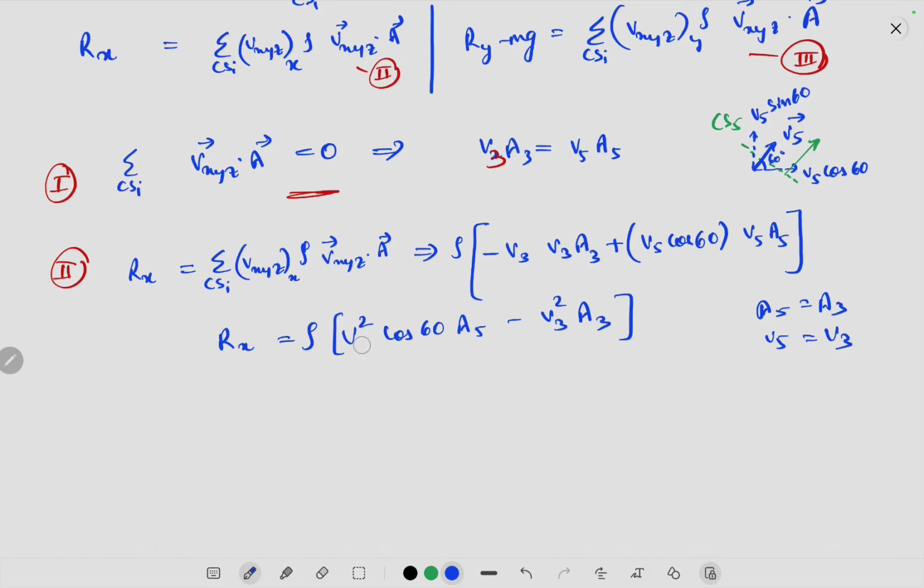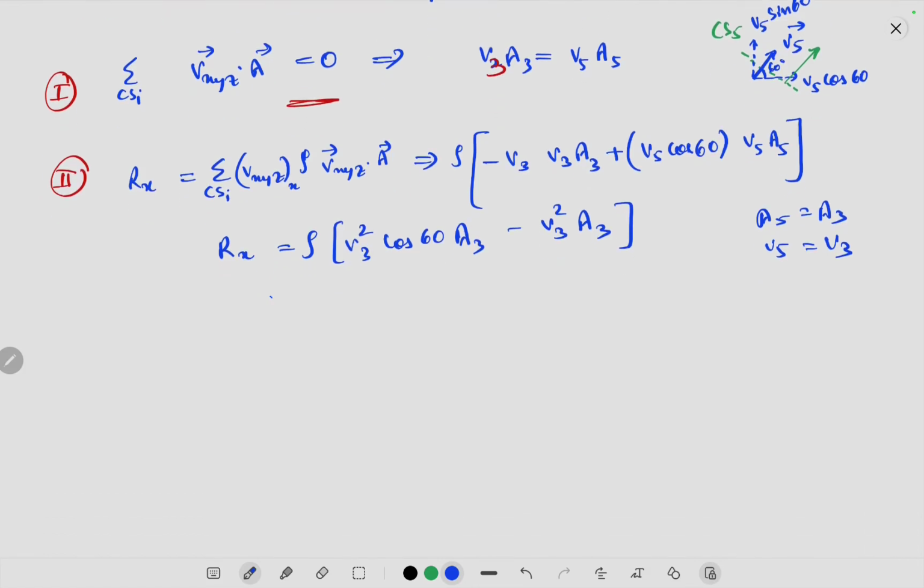Wherever I see V5, I'll write V3, wherever I see A5, I'll write A3. This becomes rho V3 square A3 times cos 60 minus 1, or I can write this as rho V3 square A3 times 1 minus cos 60.